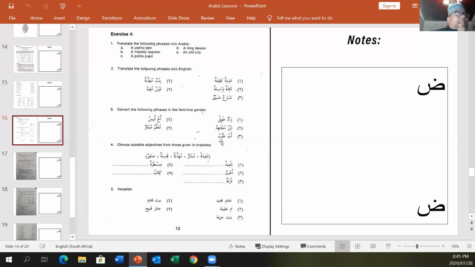Next one, ibnun mujtahidun. Ibnatun mujtahidatun. Mashallah, ahsant. Abun tayyibun: ummun tayyibatun.